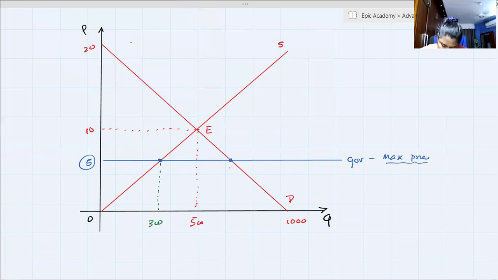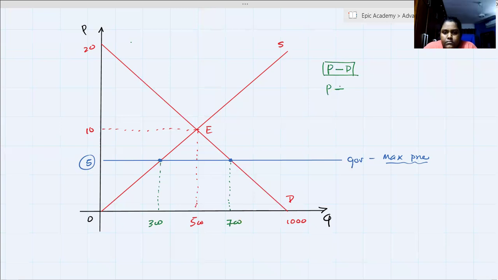And the quantity of demand increases to 700. Why? You already identified that price and demand have a negative relationship, and price and supply have a positive relationship. We already identified those things in the theory of demand and theory of supply.